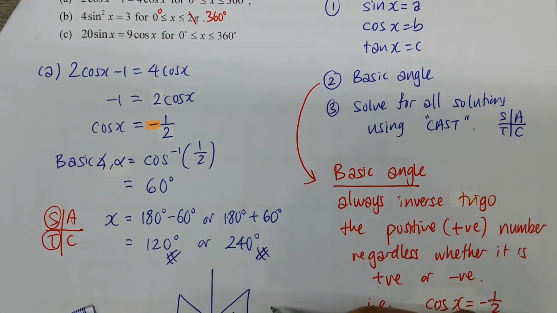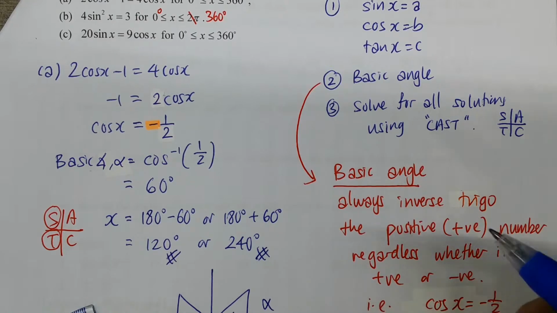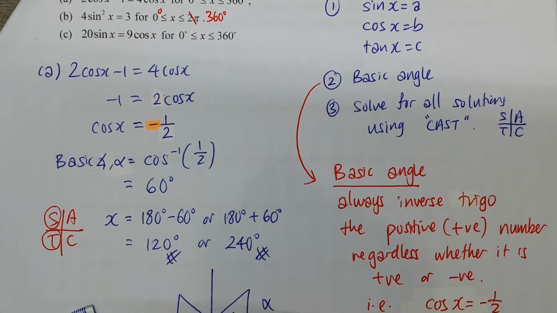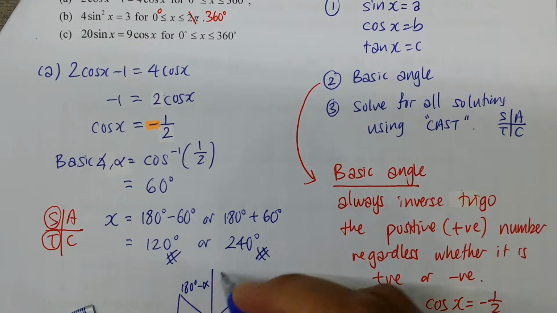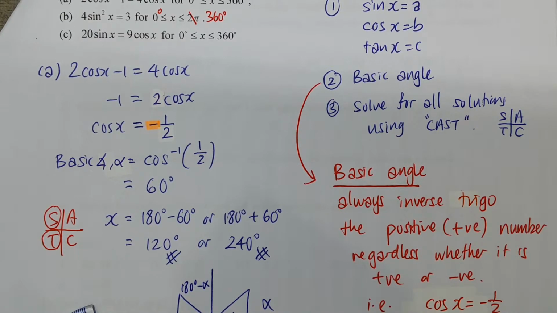Let's say alpha is here, then the answer is just alpha. If alpha is here, then the big angle up to here will be 180 minus alpha. If alpha is here, then the big angle, the reflex angle, will be 180 plus alpha.